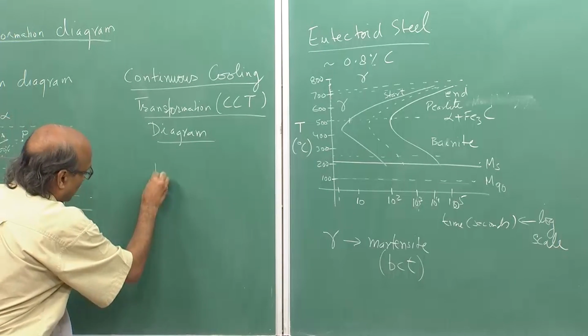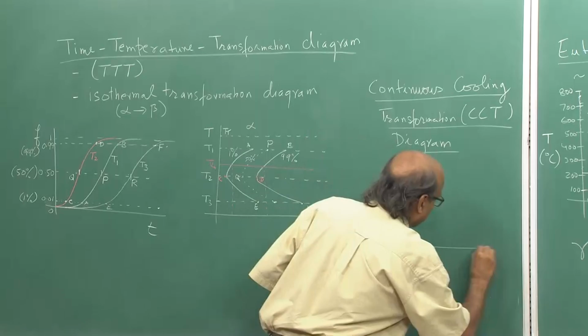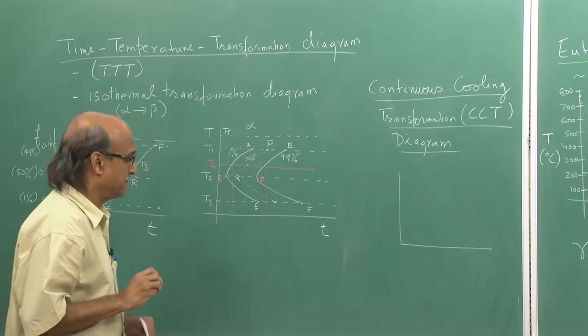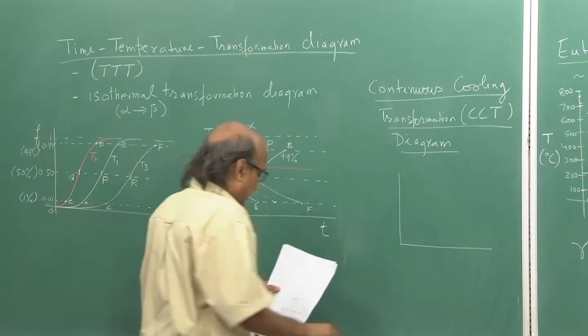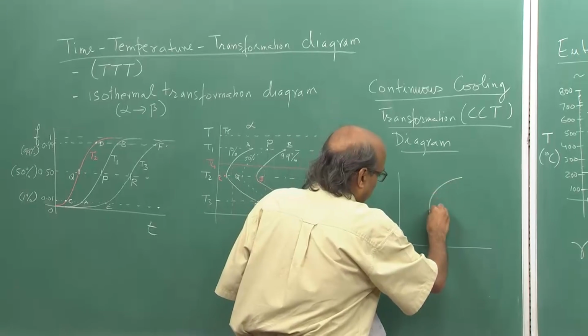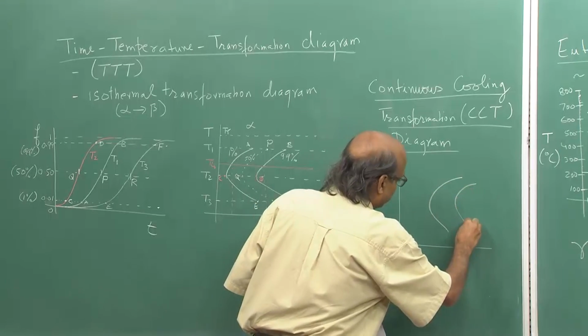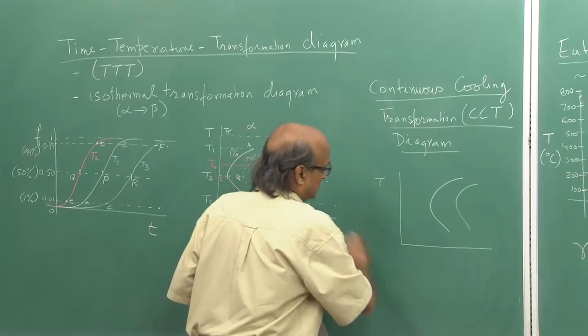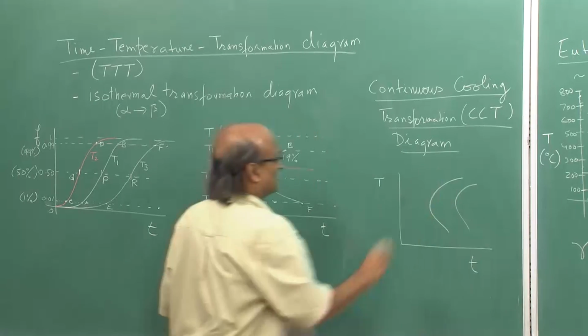So, what is the continuous cooling transformation diagram? Again, you will see it will be in the form of a C curve. This is temperature axis, this is the time axis.